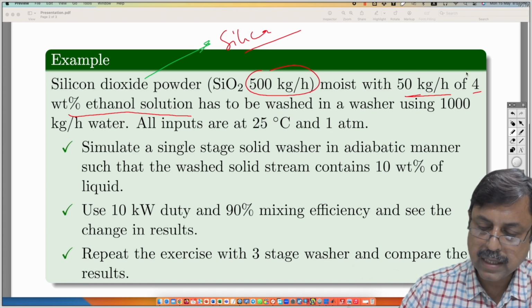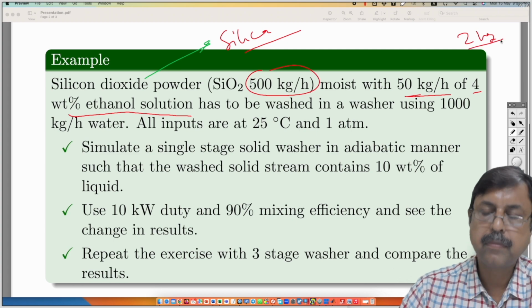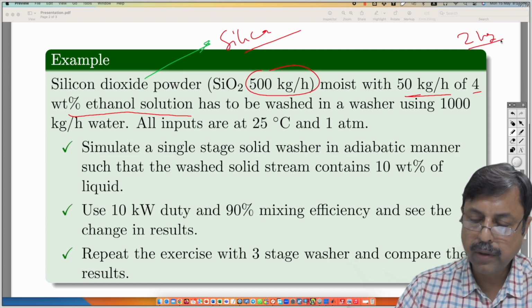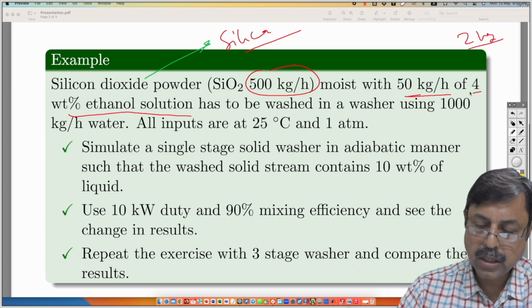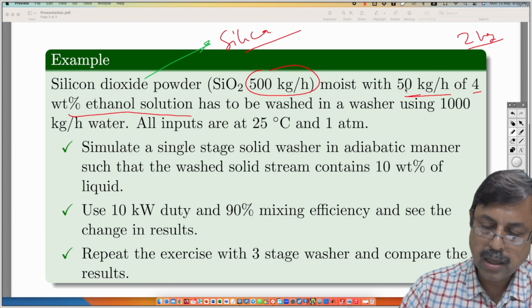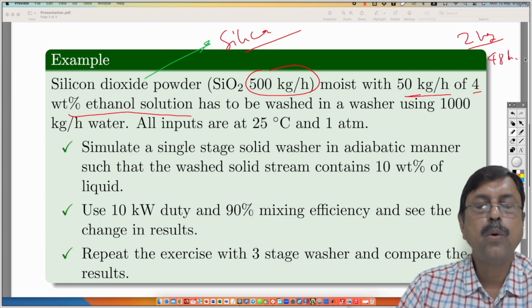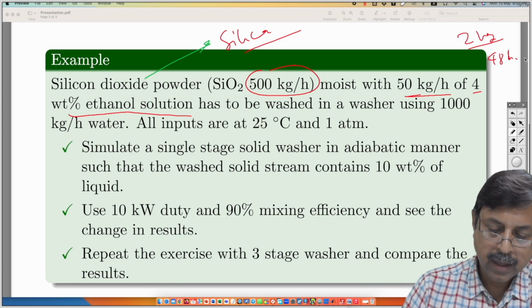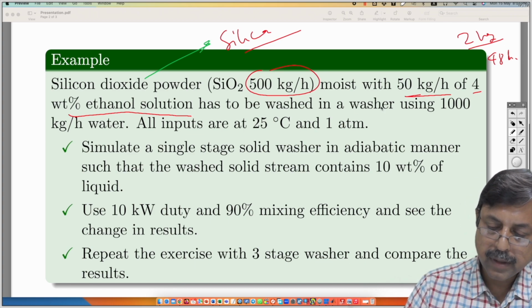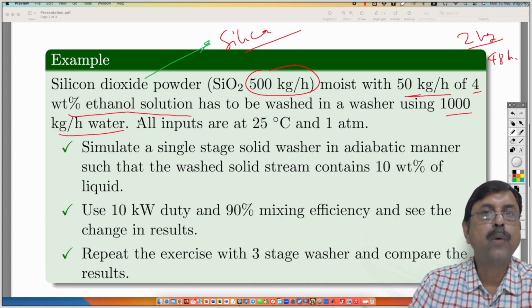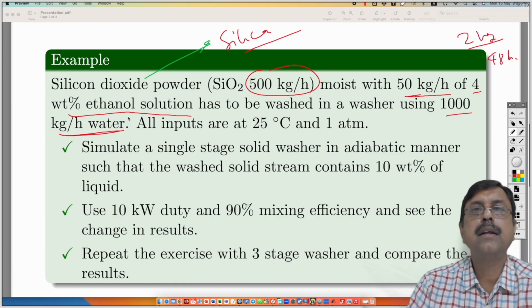4% of 50 kg will be 2 kg, right? So it will be 2 kg of ethanol and 48 kg of water. Okay, it has to be washed in a washer using 1000 kg per hour of water. So this water is the washing liquid.